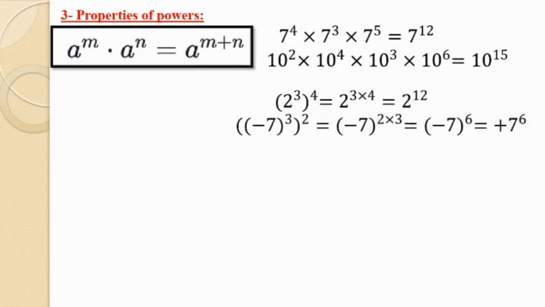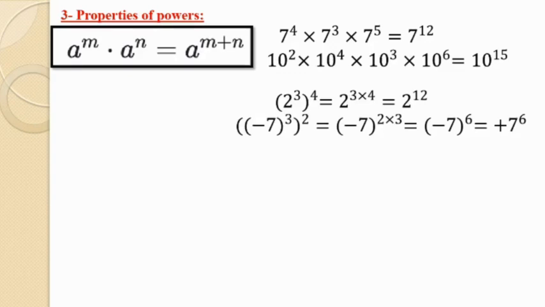Here is another example. Minus 7 to the power 3 all to the power 2. Directly I have to multiply the exponents by each other. 2 times 3 is 6, so we have minus 7 all to the power 6. Since the exponent is even, which is 6, then directly I can turn it into a positive number.